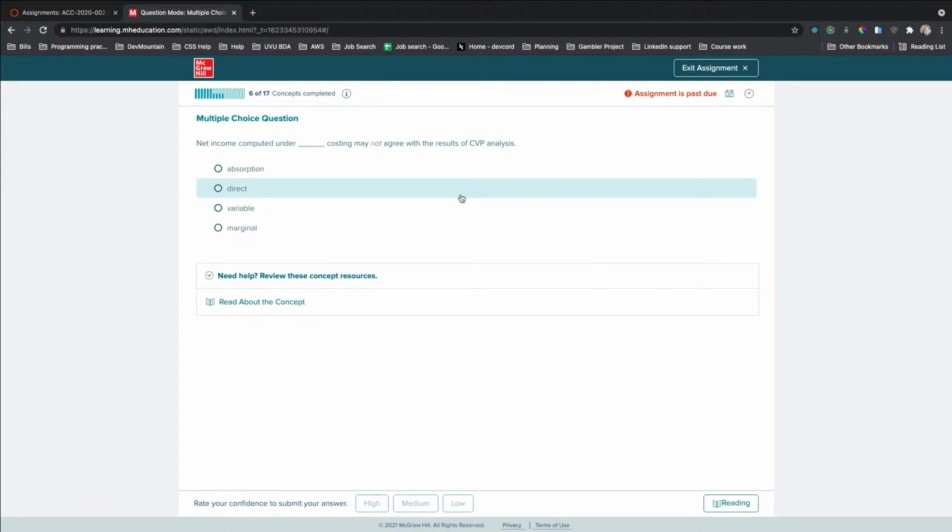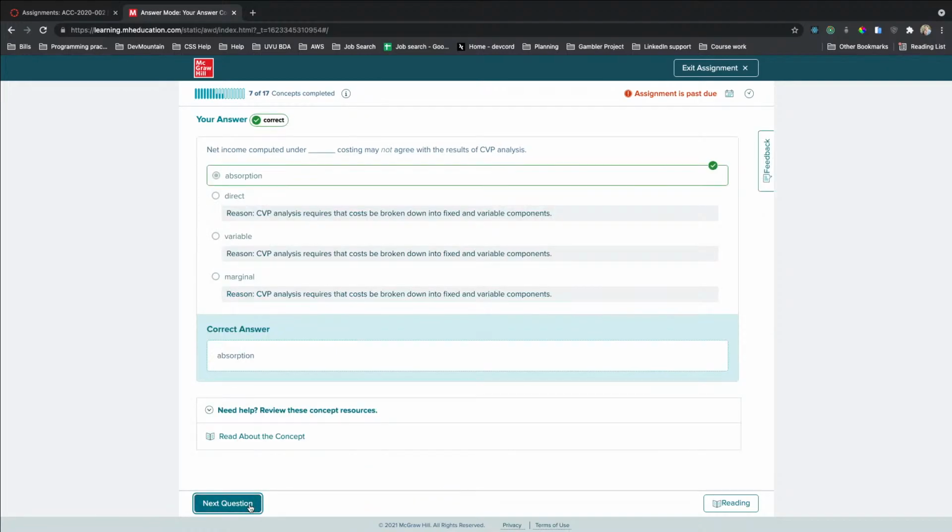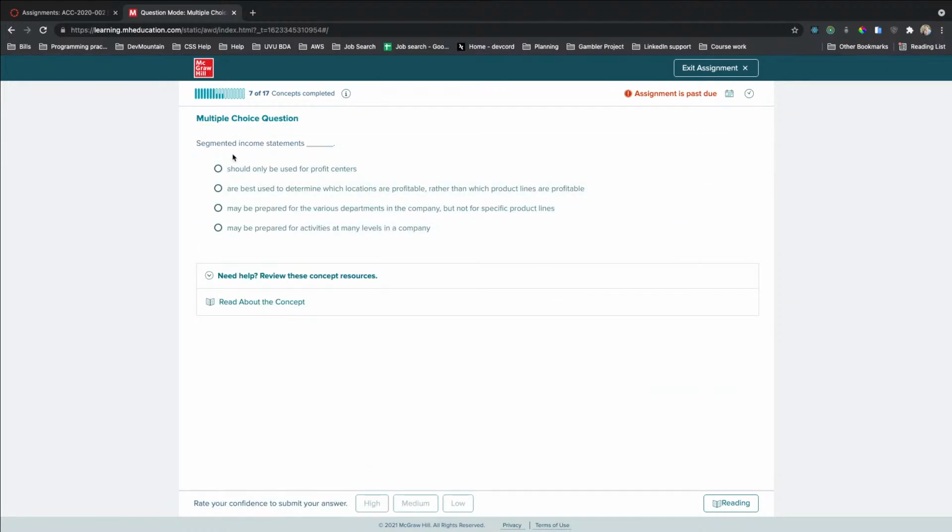Net income computed under blank may not agree with the results of a CVP. It's absorption. And segmented income statements should only be used by profit centers, are best used to determine which locations are profitable. Wait, segmented income statements.